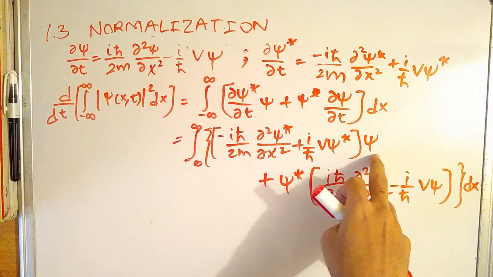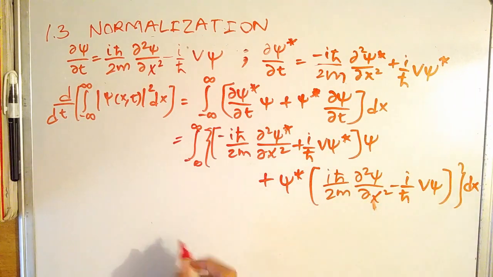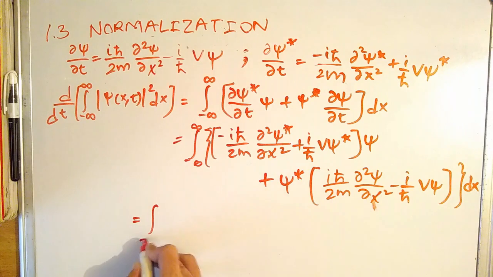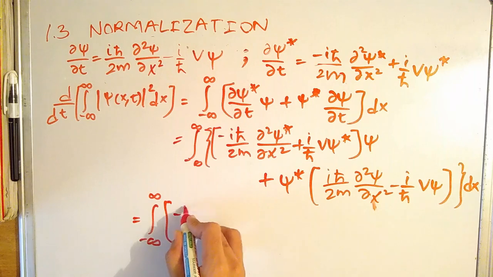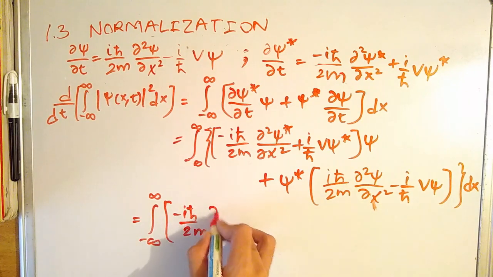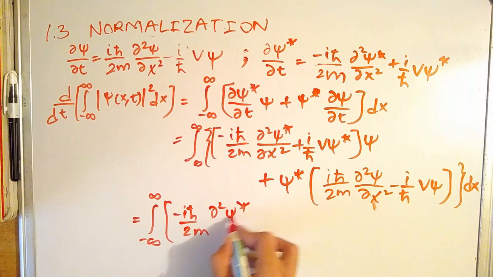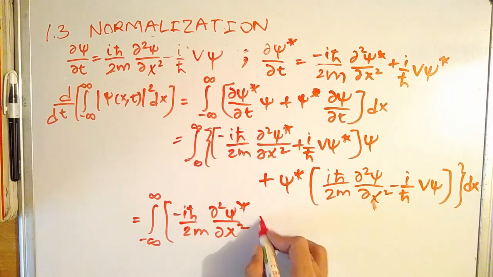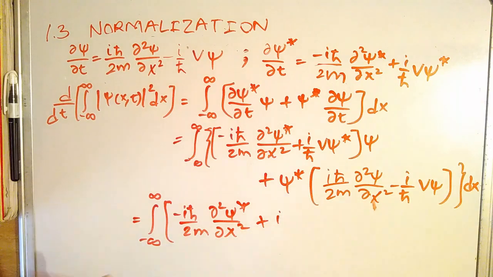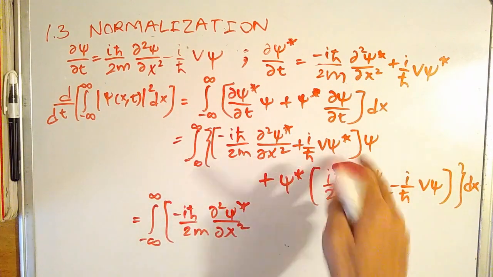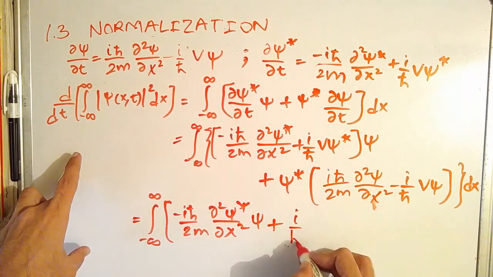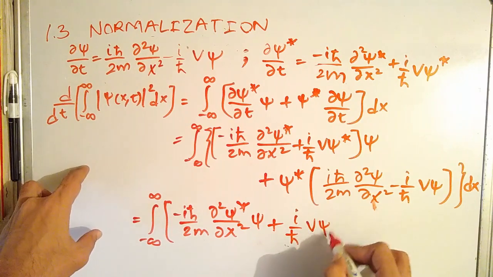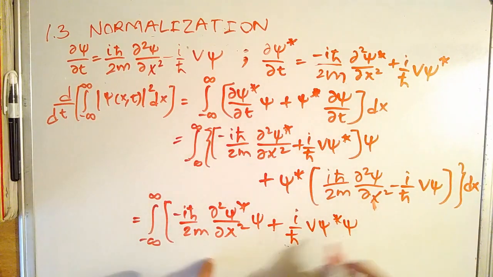So now we can just multiply these quantities together to simplify further. So the first term, minus iħ by 2m dou 2 psi star by dou x square plus i by ħ V psi star, multiplied with psi, plus the second bracket.